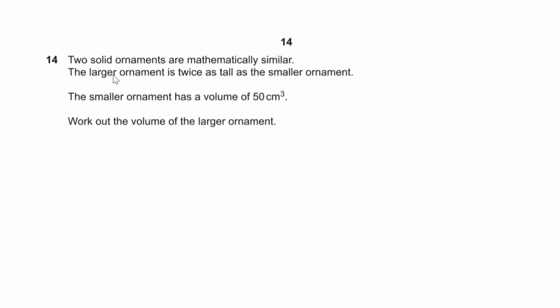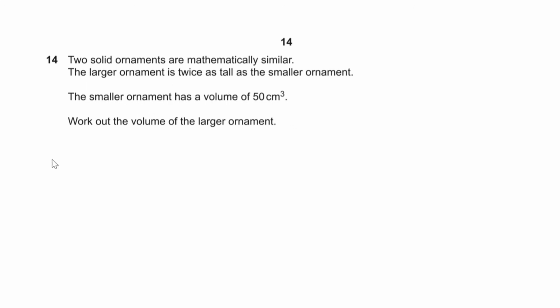Question number 14. Two solid ornaments are mathematically similar. The larger ornament is twice as tall as the smaller ornament. The smaller ornament has a volume of 50 centimeters cubed. We have to work out the volume of the larger ornament.